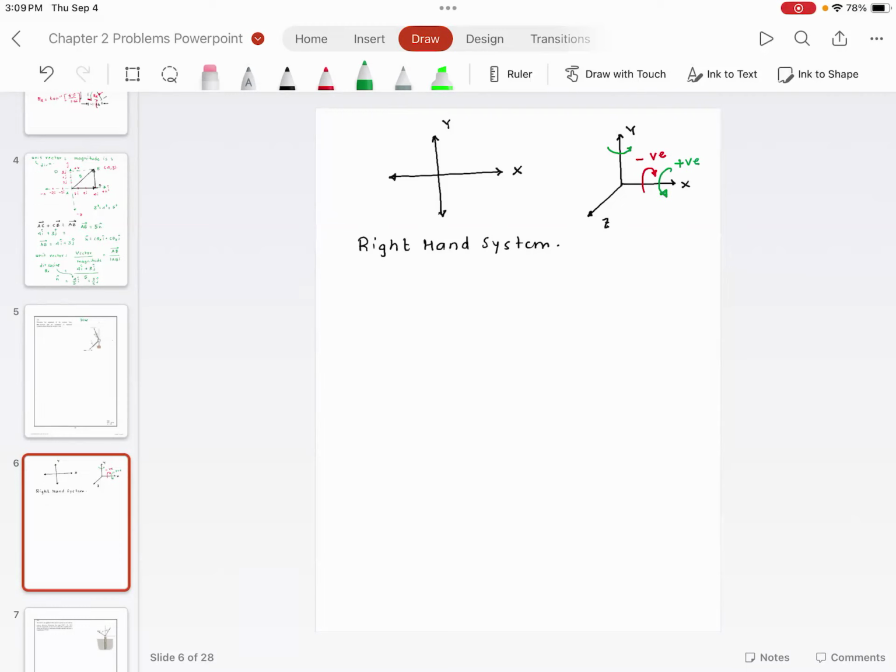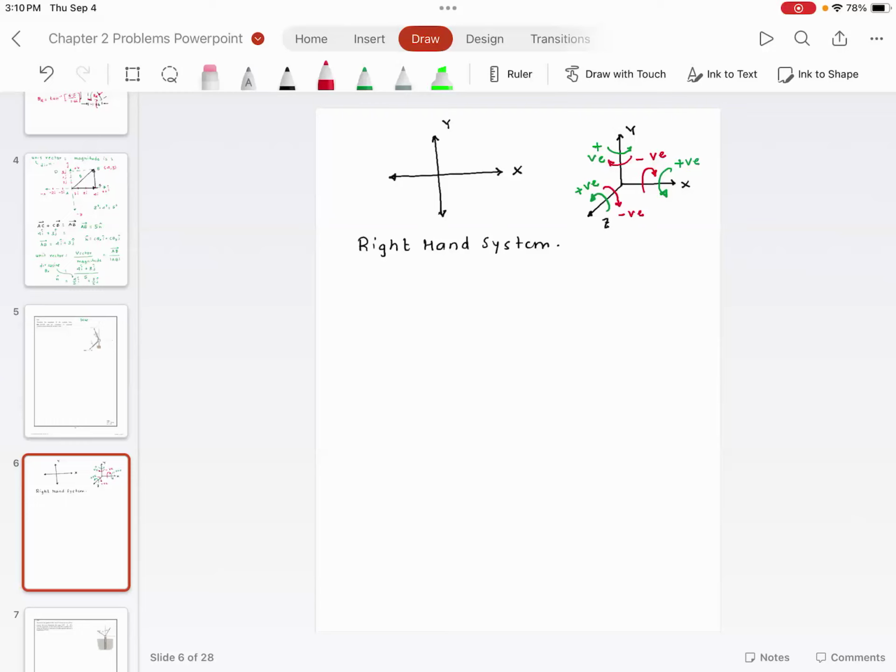Can you see that this is a positive rotation? Curl your fingers in the direction of Z. Can you see that this is going to be a positive rotation? Everyone understood this? This is negative. This is negative. Are you with me so far?